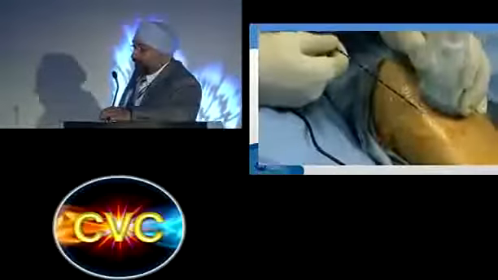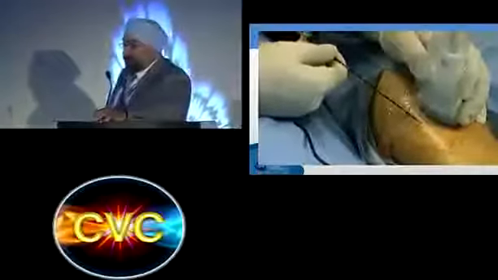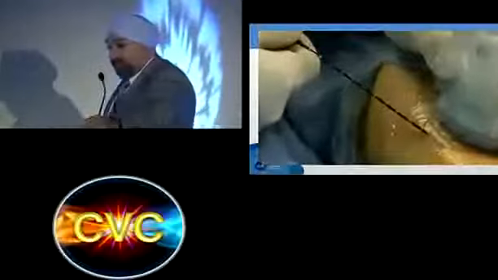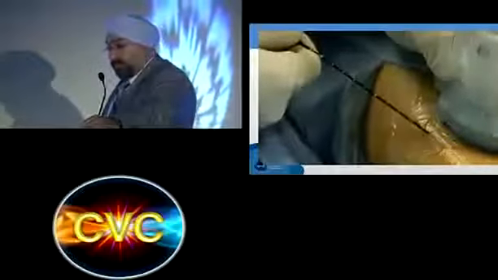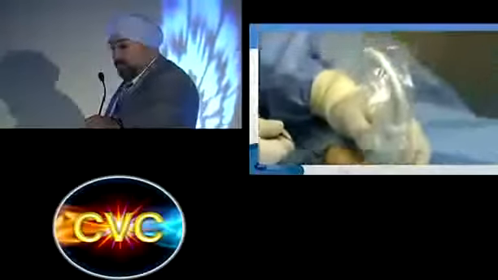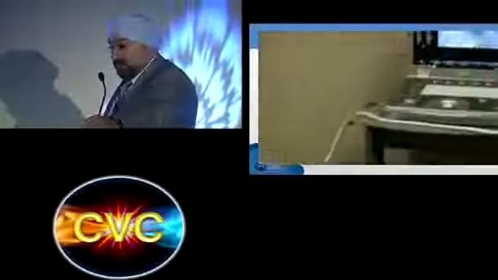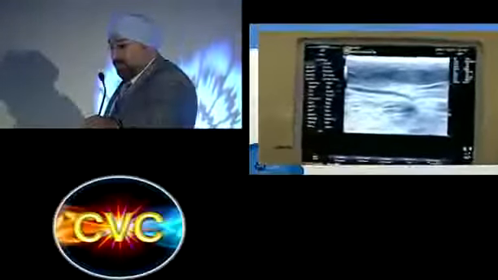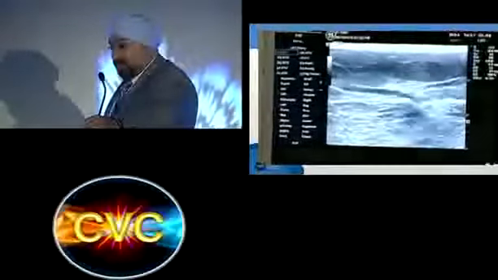This is how it will be once it's inside. That's the angle, that's the pathway, and if you look at the ultrasound screen, you'll see what I'm talking about and how I want to position that, and that's how I'm going to go in that direction.